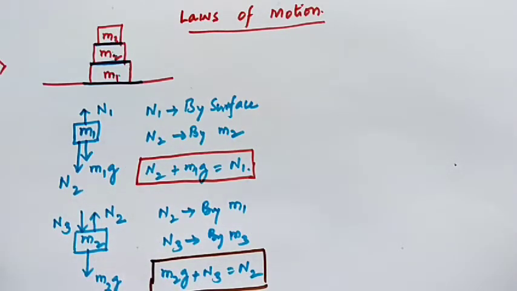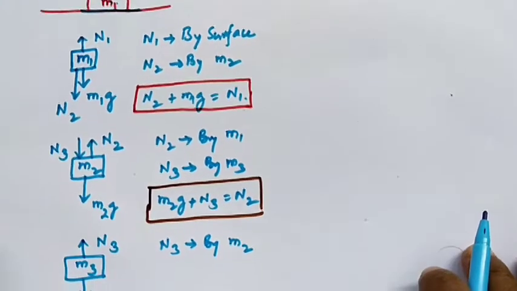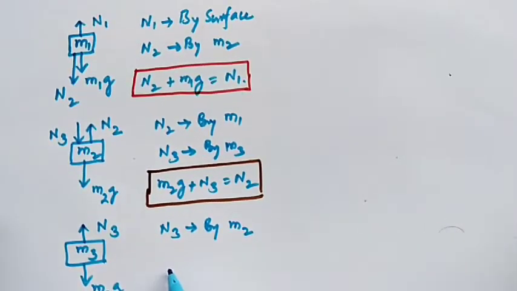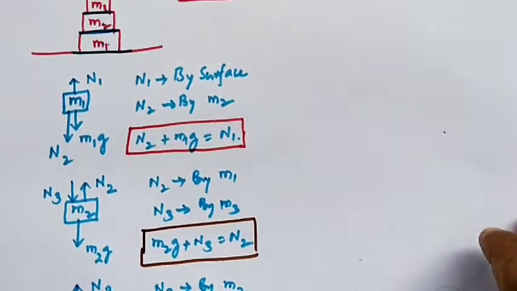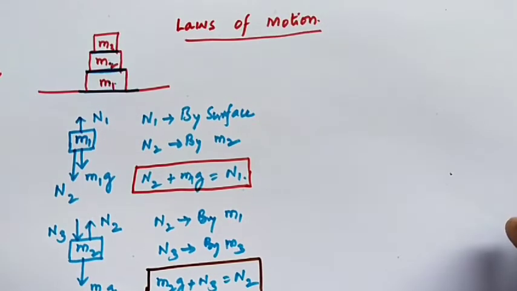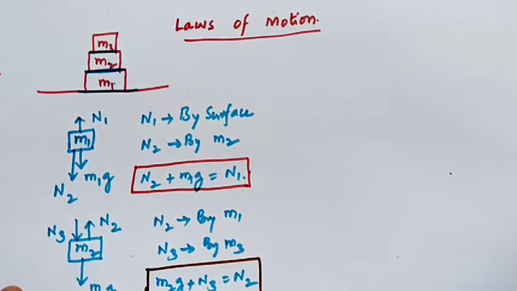So in the upward direction, that will be N3, right? Now N3 is the force applied by m2 on m3. Clear? Now write the equation. What could be the equation? m3g is equal to N3. This is the force equation. Clear? In this way one can draw the free body diagram of any situation. Now let us see connected bodies.